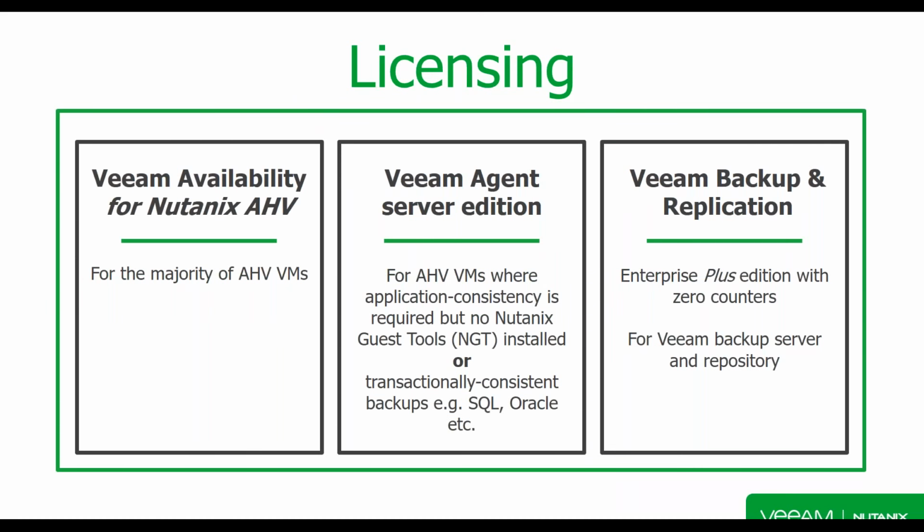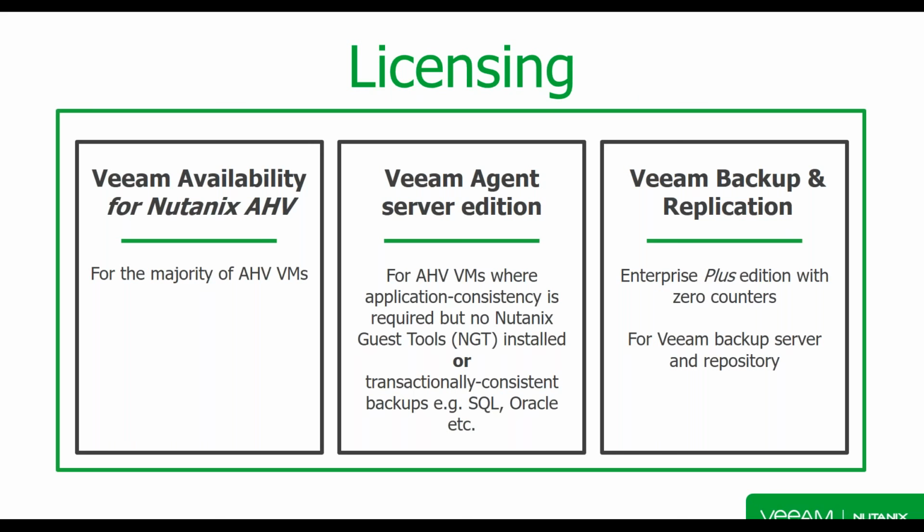Now, the licensing itself, like I mentioned before, is on a single SKU. We've gotten away from having multiple versions of SKUs you could pick from to have certain functionality. We said we're going to include everything in one SKU, period. One SKU does it all. So you get the Veeam availability for Nutanix AHV, obviously the proxy capability.